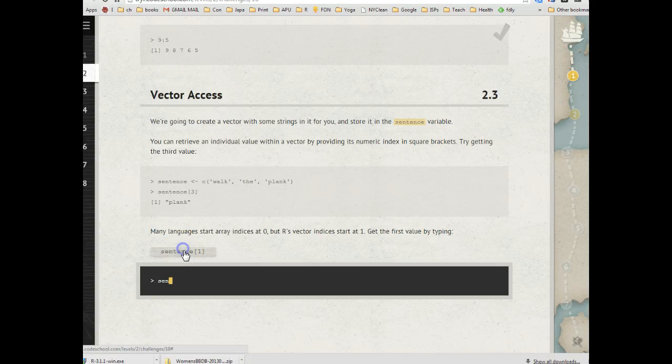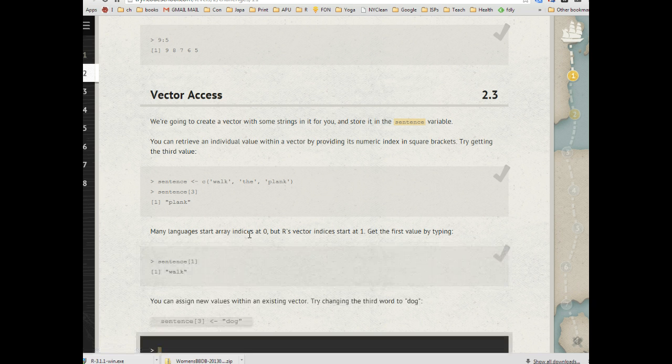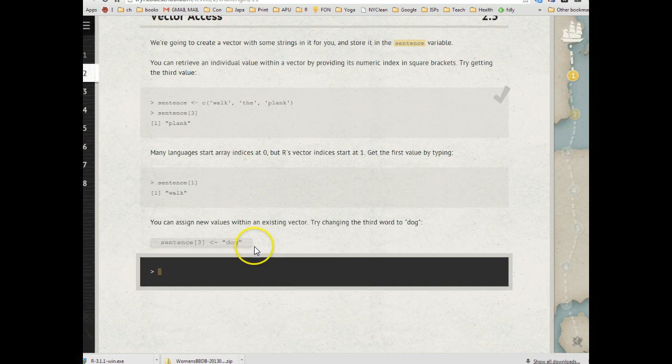So sentence index 1 is going to give us what? Walk. Now they say you can reassign the element in the third place by referring to the third place of sentence and reassigning it.